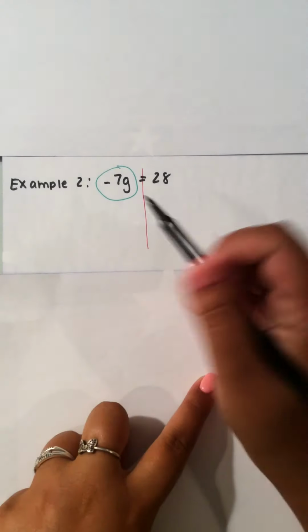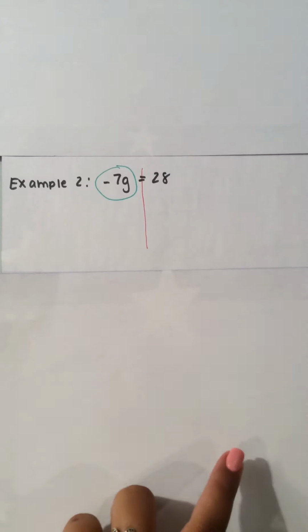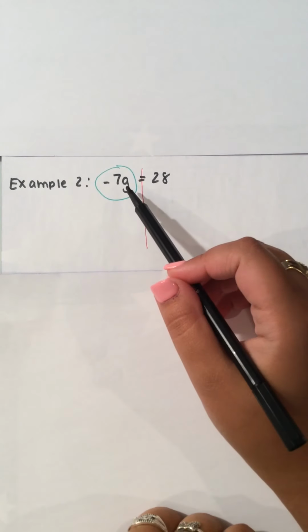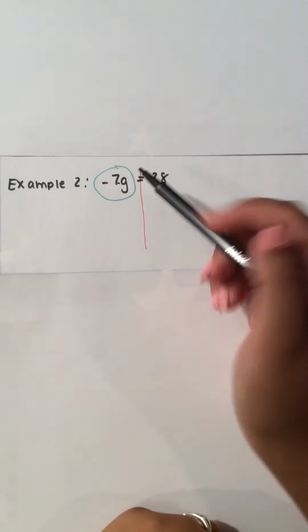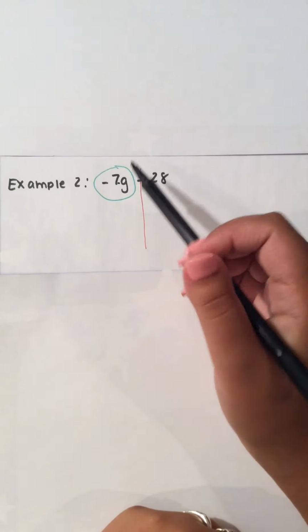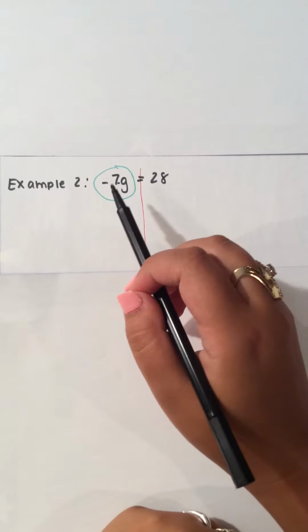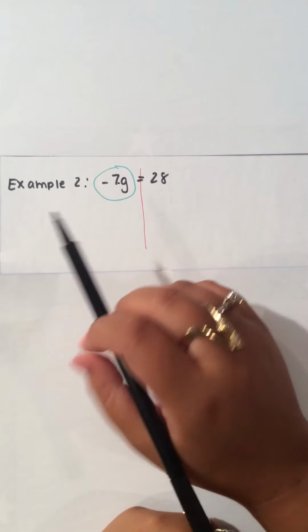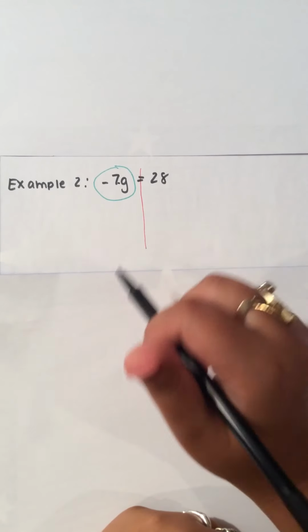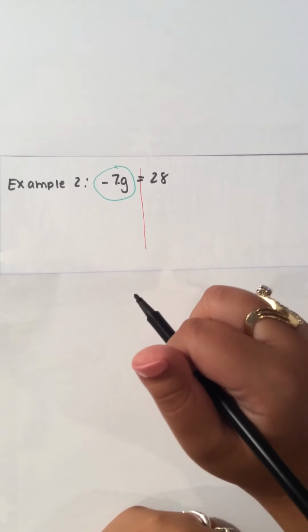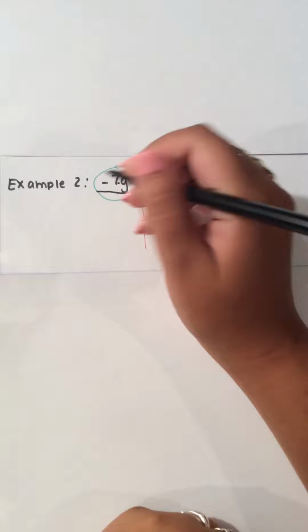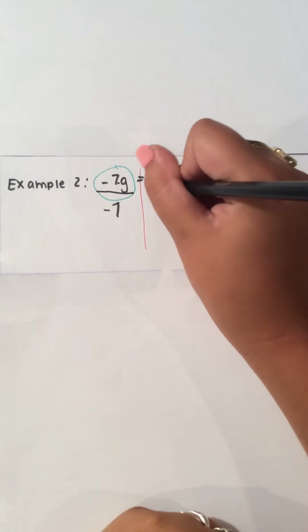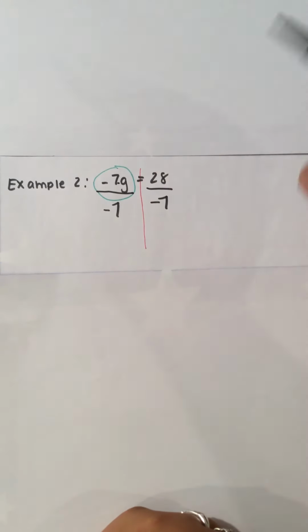Now, since this negative 7 is attached to the g, I really need to think, how is this attached? And it's attached by multiplication. You're really multiplying. So I drew a small little dot right here. So you're really multiplying negative 7 times g, which gives us negative 7g. To undo multiplication, I need to use the inverse operation, which is division. So I'm going to divide by negative 7 on both sides.